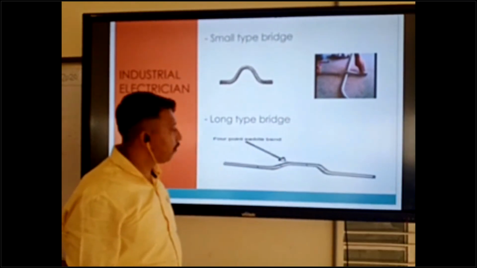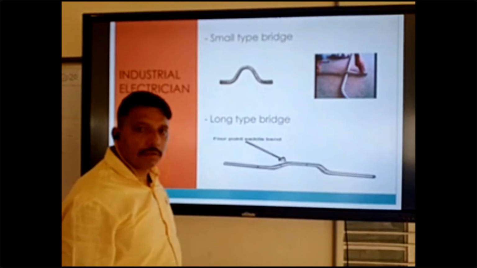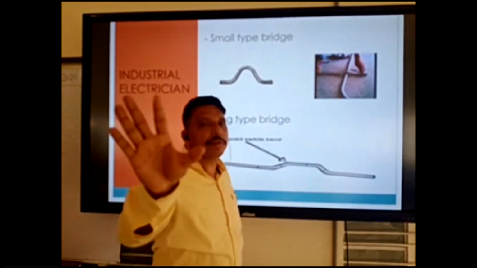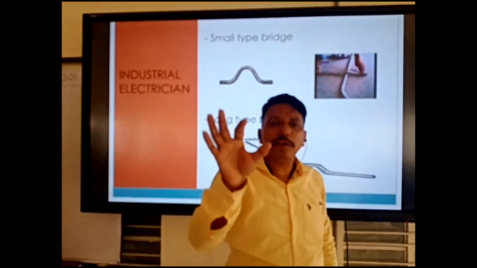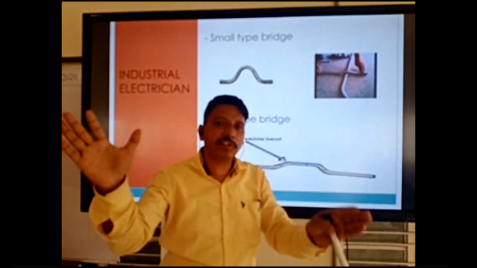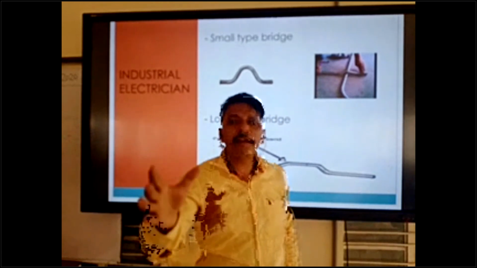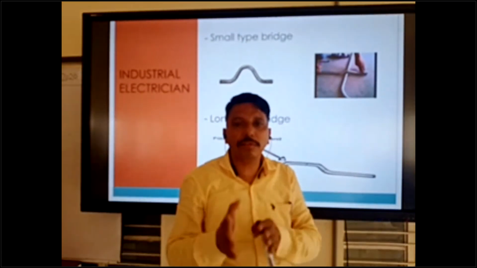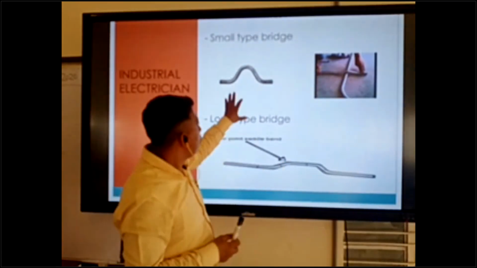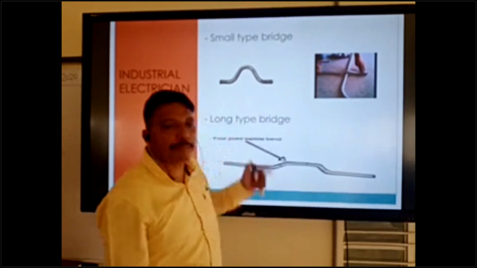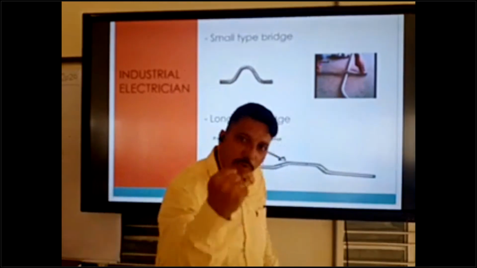Long bridge. This is not available ready-made. Conduit bend is not available ready-made; it is made by hand. But cable tray, sorry, is available ready-made also. Conduit bend is not available ready-made, so you should make it by hand with a bending machine.